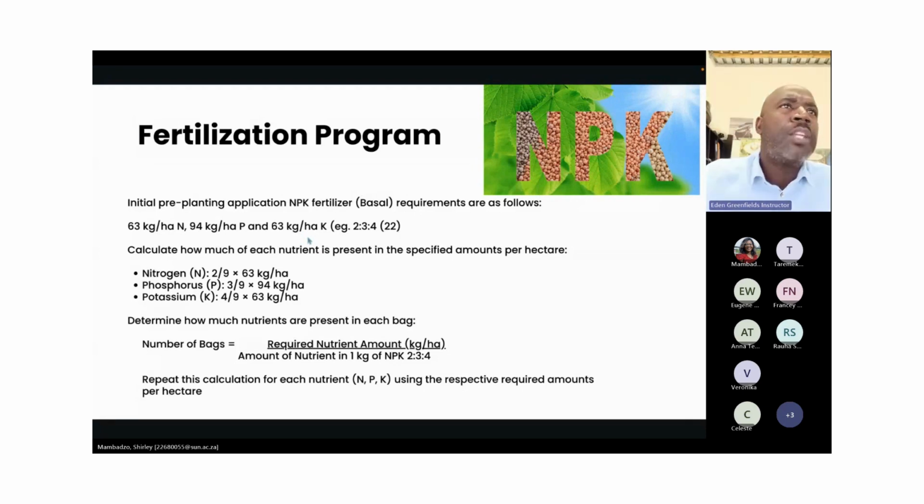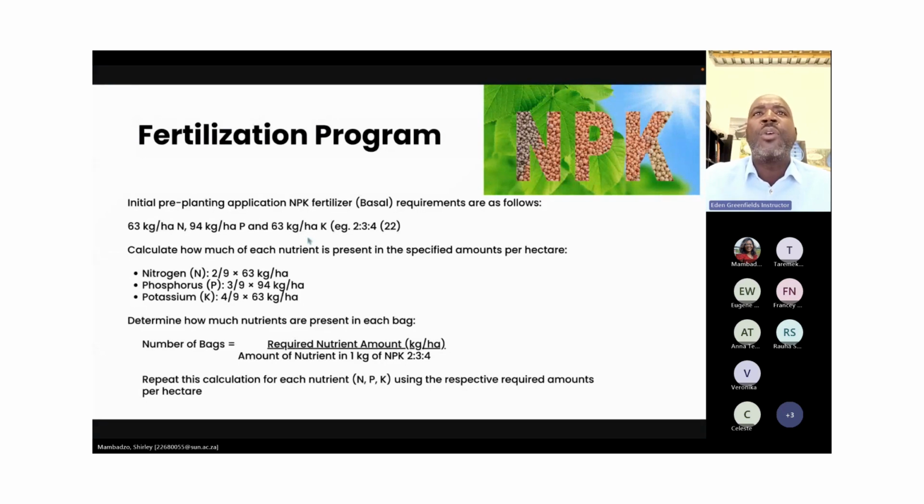So the requirement of nitrogen per hectare is 63 kgs. Phosphorus is going to be 94 kgs. And then potassium is going to be 63 kgs.